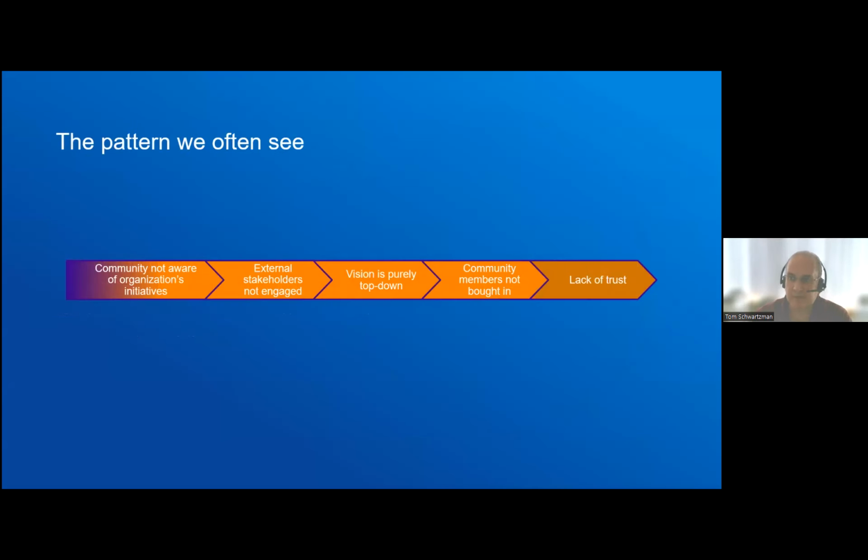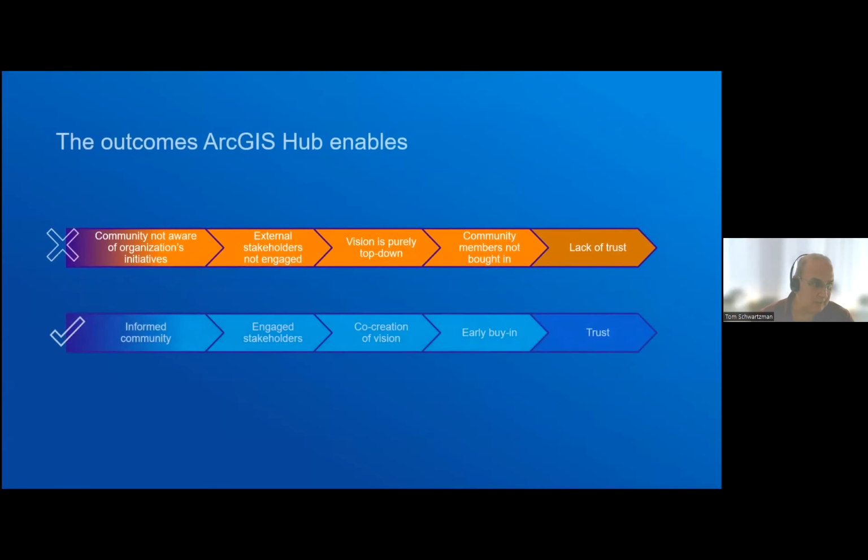And we often see this pattern of some sort of initiative or focus area being put out, but external stakeholders aren't really engaged, and the vision comes all from within and is just thrown at a community, and community members are not brought in, and that really doesn't engender trust from the community. One of the ideas of Hub is to help eliminate that.